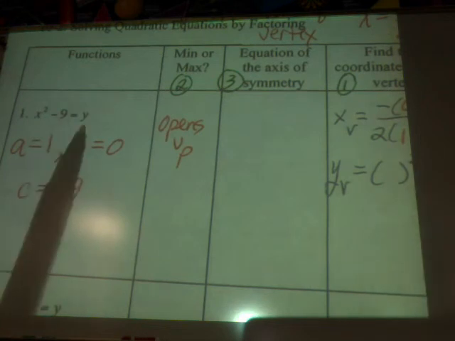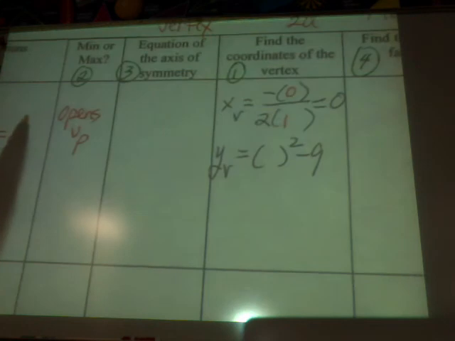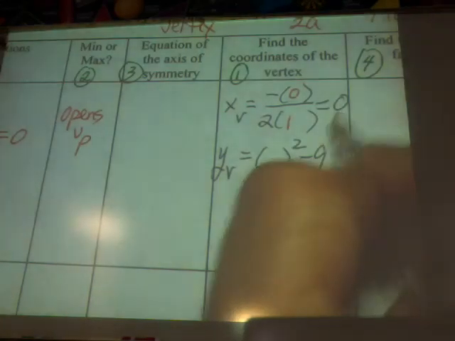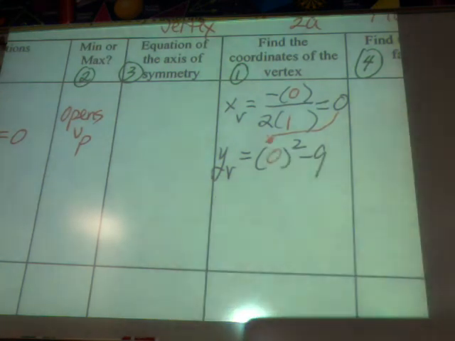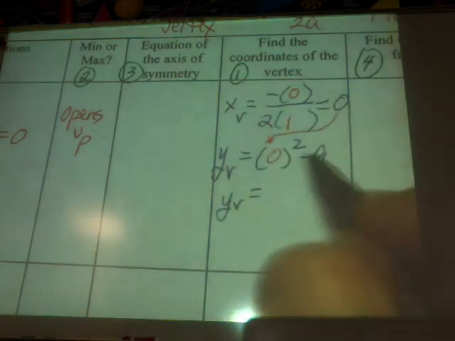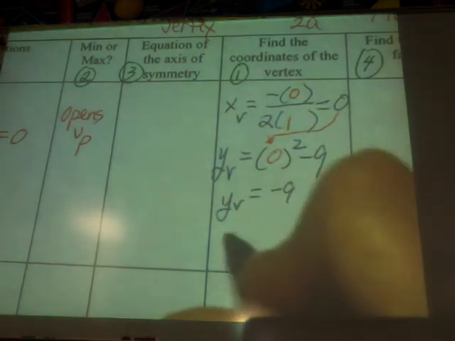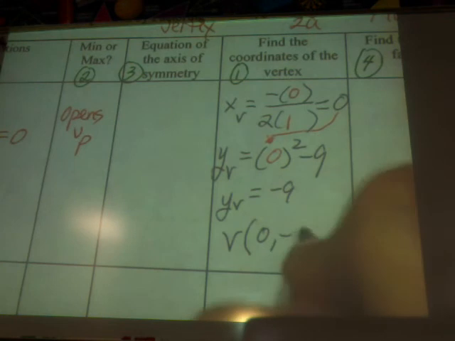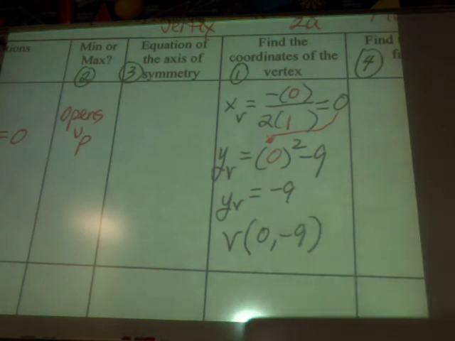This is what we're finding, right? Oh, you didn't tell me you couldn't see it. All right, so I'm going to put in this value that we got right here into there. So what is the y value of the vertex? -9. So you actually have to write the ordered pair of the vertex. What do you get? 0, -9. Isn't that also going to be our y-intercept? Yep.